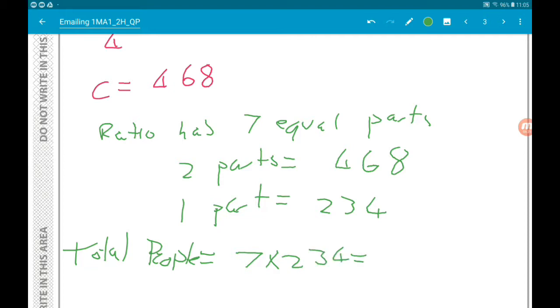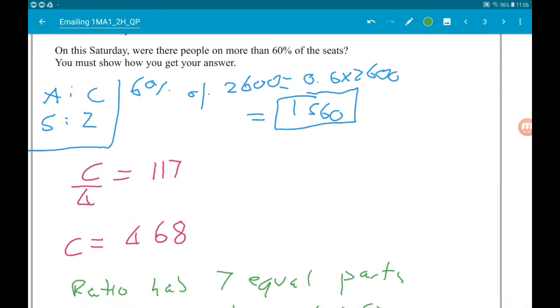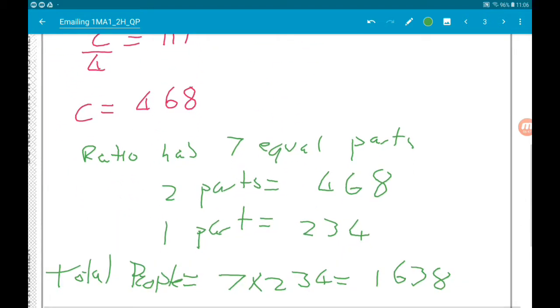Now that is going to give us 1,638. Now that is greater than 1,560.